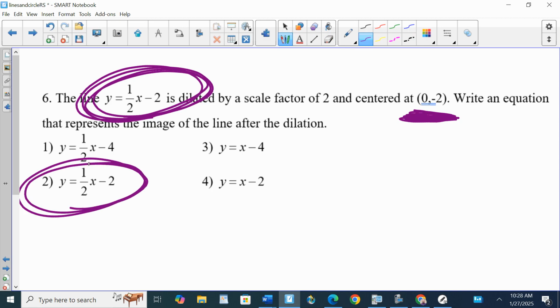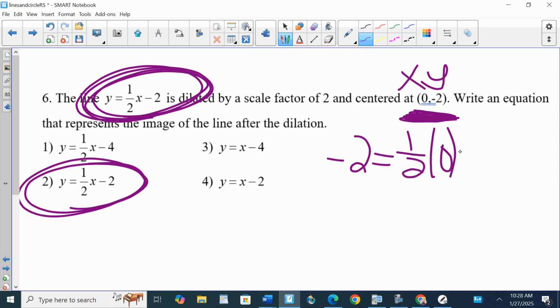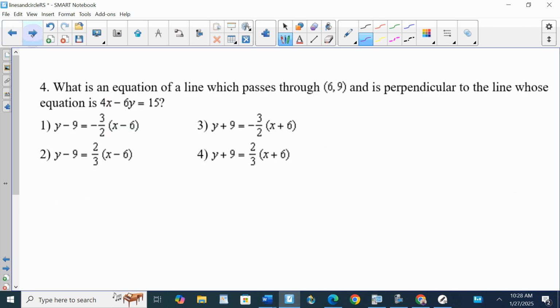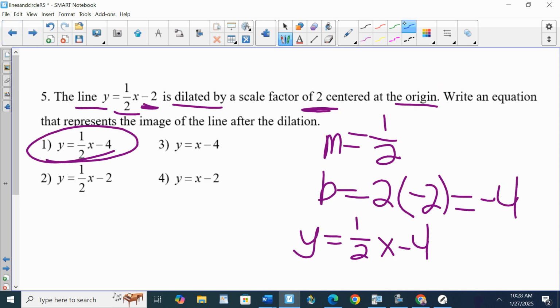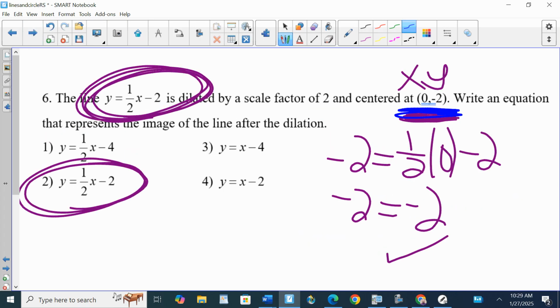What you should do to show the concept is that if the center of dilation is on the line, the equation is the same line, but the cheat is no matter what, the slope stays the same. If it's centered at the origin, you're multiplying the scale factor in b. If the center of dilation is anything else, the equation is the same exact thing.